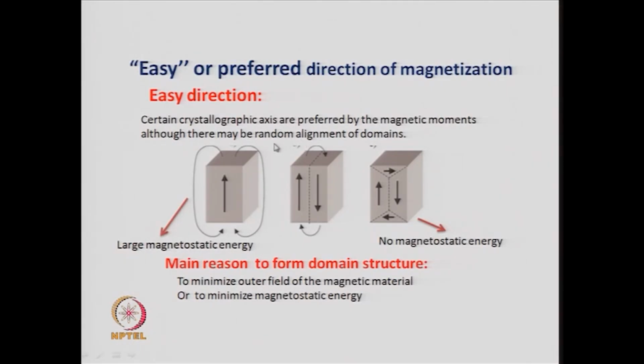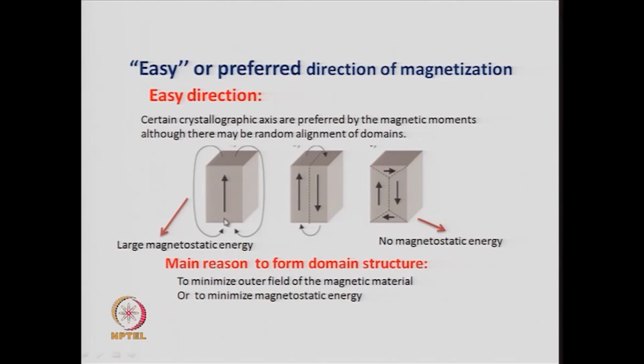Sometimes there is random alignment of these dipoles, and although there are preferred crystallographic axes where the magnetic moment should be present, there can be random alignment of domains. The reason the domain structures form is to minimize the field of the magnetic material, or to minimize the magnetostatic energy.